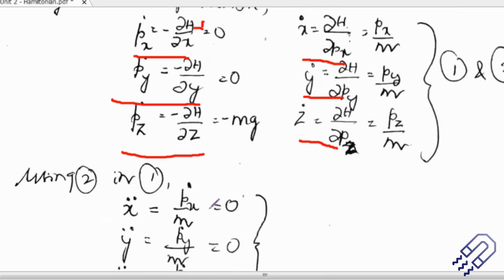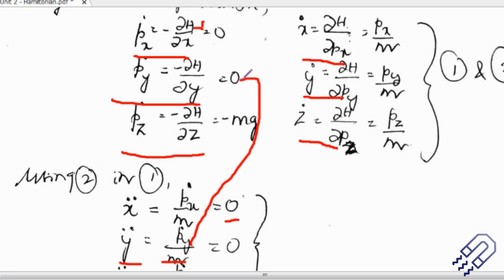So you see here, what you can do is using 2 in 1. So this part I've told as 1, this is number 2. And then here I can write down x double dot is equal to px dot divided by m. And then what is px dot? It is 0. So I can simply write it 0. Okay. And then again, y double dot is equal to py dot by m.